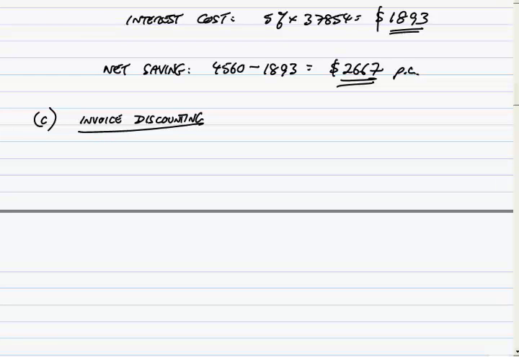This is where you have an invoice, a customer, let's suppose a customer owes you 10,000 payable in 2 months' time. A way of getting the cash sooner is effectively to sell the invoice to a bank. You'll get the cash now, but because they're giving you the cash immediately, they'll give you less cash. So effectively, sell an invoice to the bank.